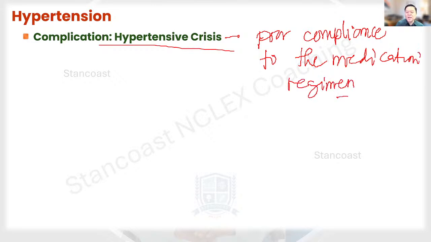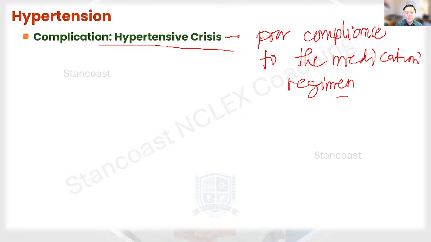Maybe they don't like the side effects of the drug. That's why they decide, hey, I just don't want to take it today. I'll take it tomorrow, even though they're supposed to be taking it daily. Yeah, patients are like that. They are non-compliant. They'll do their own regimen. And so we have to really recognize the causes why they develop hypertensive crisis.